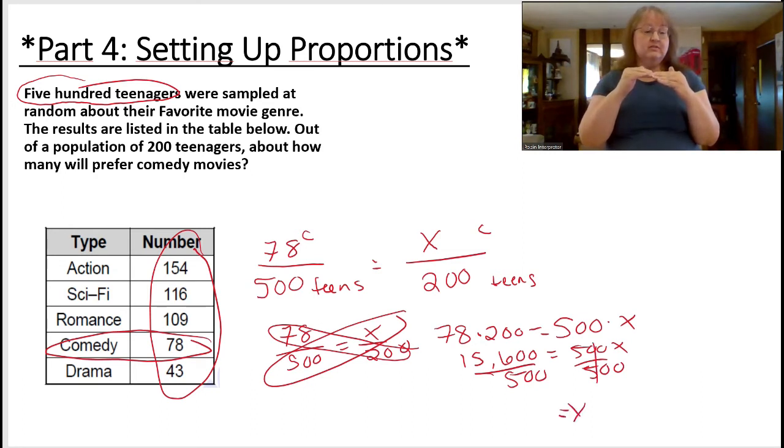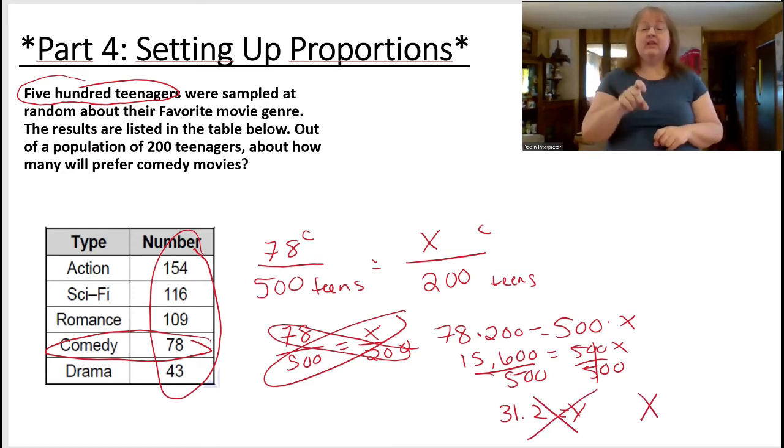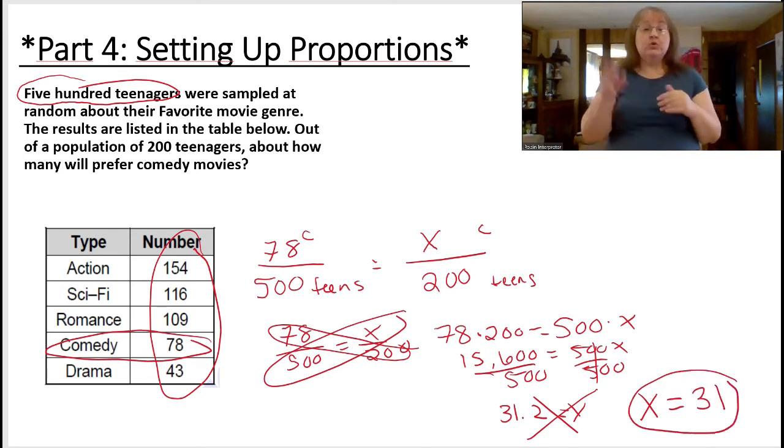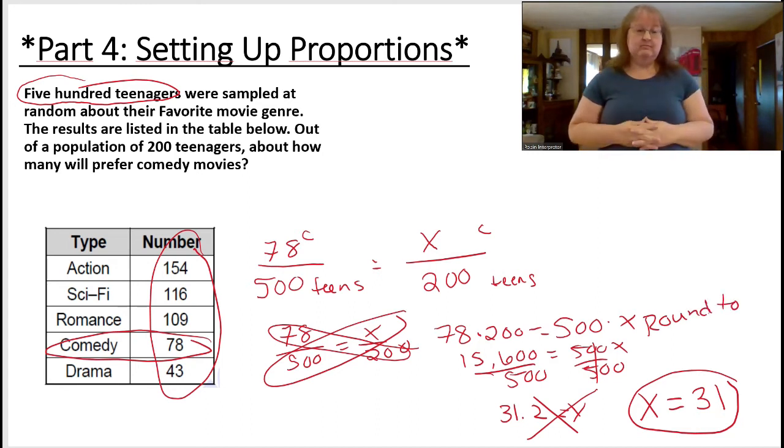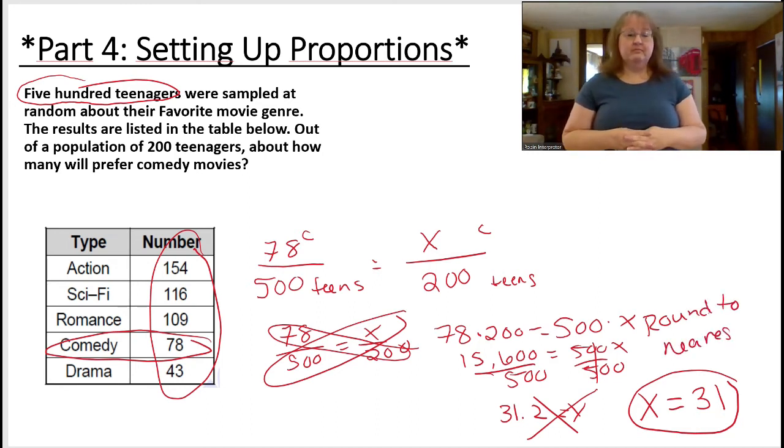X equals, it says exactly 31.2, but you can't chop people in half. You can't cut them up in pieces, so you can't use that as an answer. You have to say x equals 31. Round to the nearest whole person.